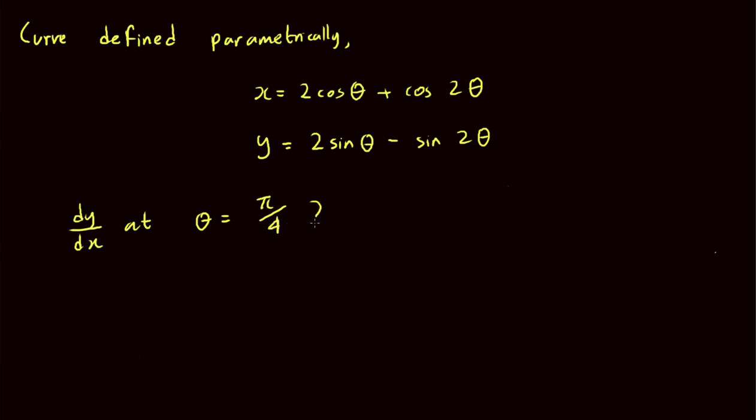So they want us to find that. I'll give you guys time to pause this video and give it a try, and later I'll be back on teaching you how to solve the problem.